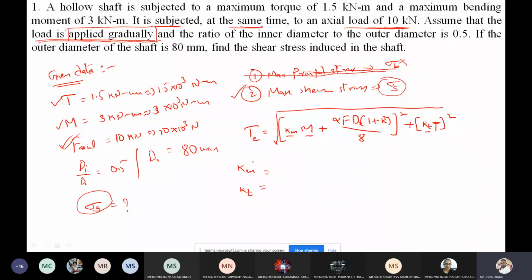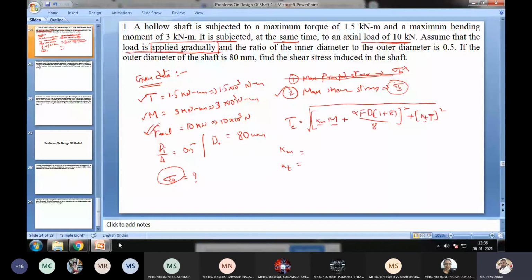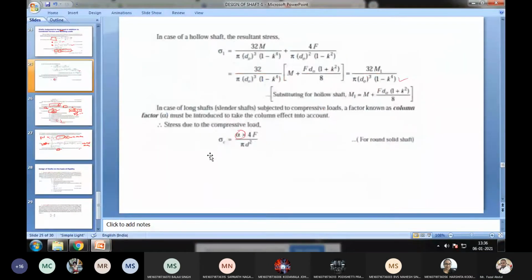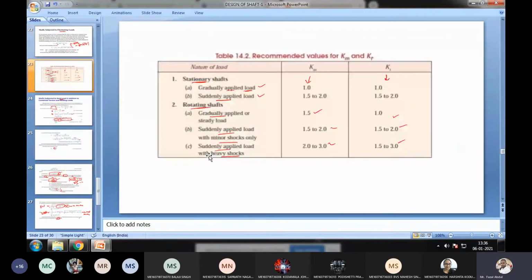To take the values of Km, Kt, again we need to go to the table. This table you need to remember, Babu. First read the question properly. The question says the shaft is transmitting the power, so that is nothing but it is rotating.